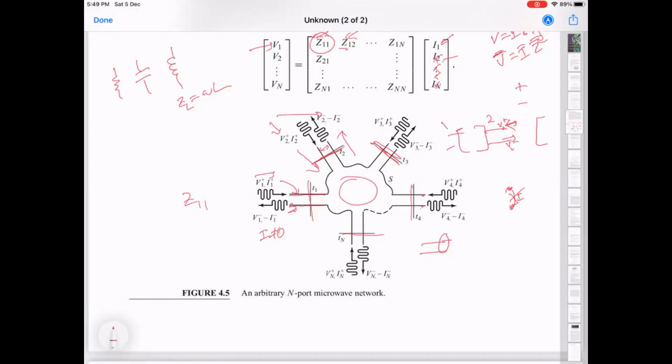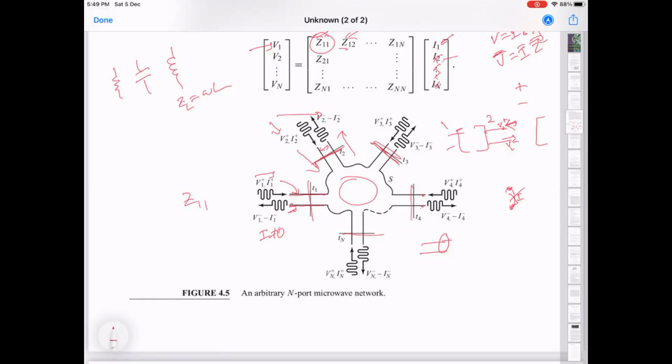Yeah, Sujita? So we were measuring this Zn or Yn in the circuits. Sujita, I'm not able to hear you. You said that these are difficult to measure.